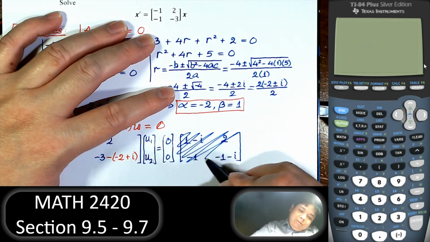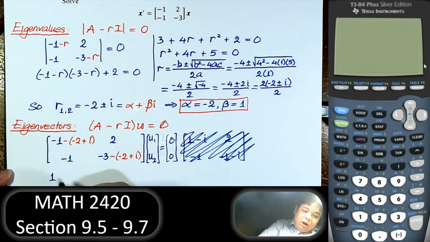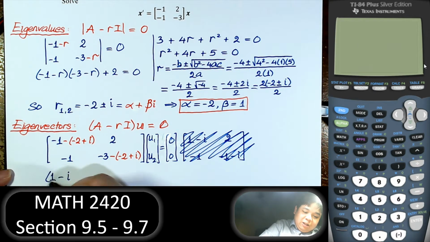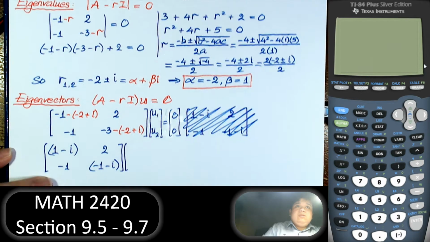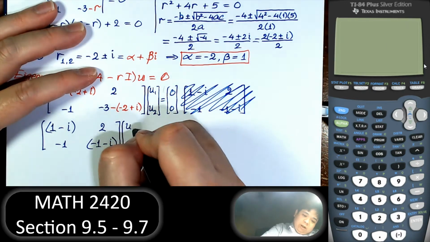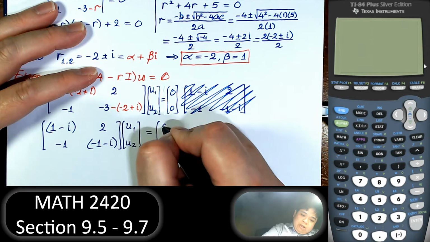Just write that in the next line: 1 minus i, 2, -1, -1 minus i, times u1 u2 equal to 0 0.